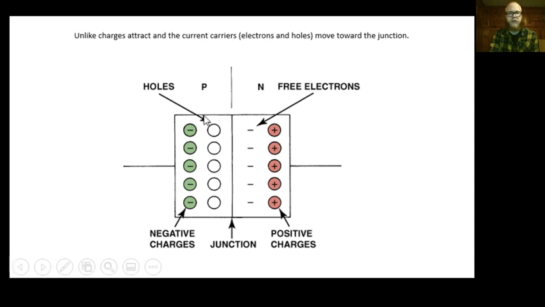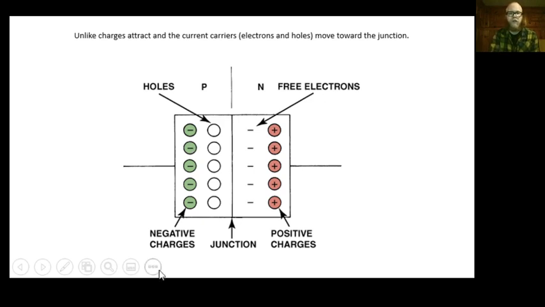So here is my diode, my P-type material, my N-type, and if this was forward biased, I would have my battery positive here and my battery negative or ground over here. Between these two materials, because they're physically different, this has some extra boron in it, this has some phosphorus inside of it.